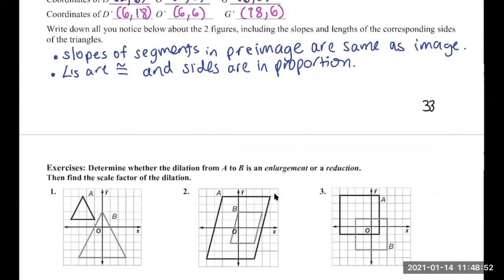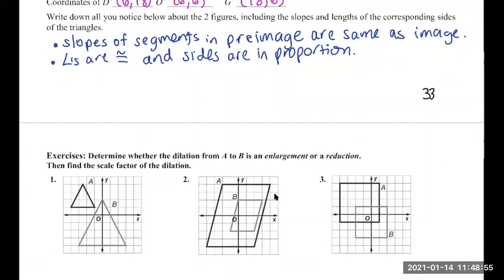So on the next page, there's a few questions like this on the test, where you guys are given two images, and instead of labeling the vertices, they just call this whole figure A and this whole figure B. And they're saying, determine whether the dilation from A to B is an enlargement or a reduction. So it's saying from A to B, so your pre-image is A, your final image is B. Can you guys describe to me what it is, and then what you think the scale factor is for that?